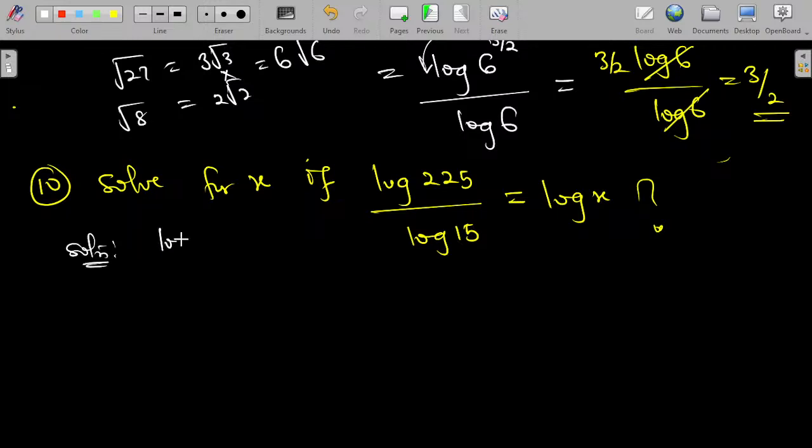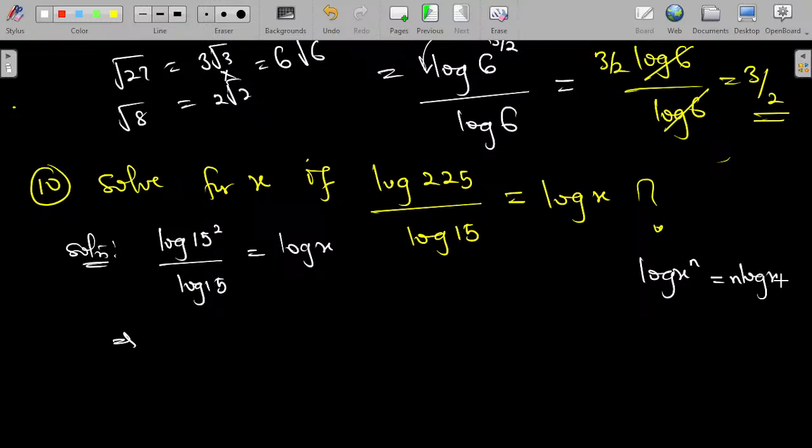So log 225. 225 is the same thing as 15 squared, all over log 15. So why did I take it to 15 squared? Because I have log 15 below. So I would then try to simplify by the rule of log, which says that if I have log of x to the power of n, that is the same thing as n log of x, no matter what the base is.